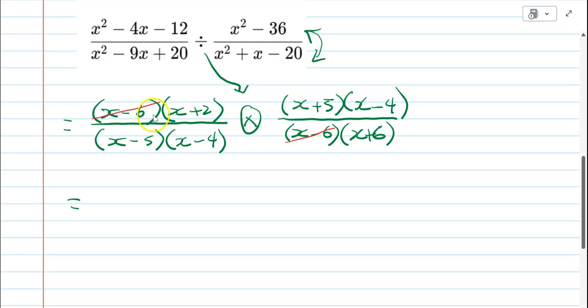I hope you realize that this multiplication sign is actually not needed. You can just extend the fraction line. Next one, x minus 4, x minus 4. Do we have anything else? x plus 2, there's no x plus 2 anywhere. x plus 5, there's no x plus 5 anywhere. And x plus 6, no x plus 6 anywhere. Now we're going to rewrite the final answer. What is the final answer?